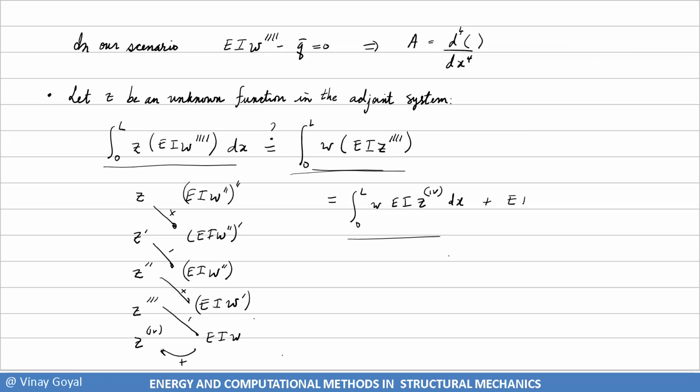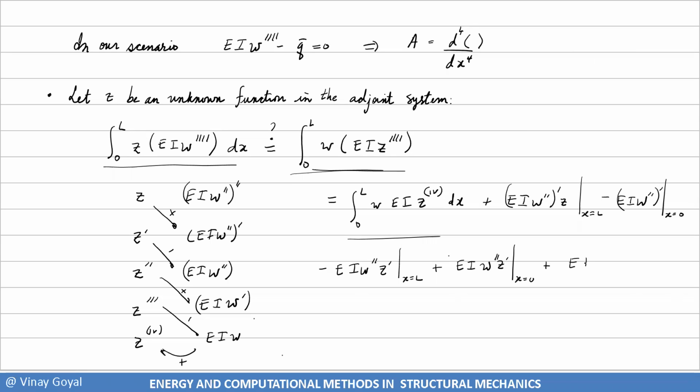Plus EI W prime prime times Z, and this at x equals L. And then next I'm going to have minus EI W prime Z prime at x equals L. And then I have plus, the minus here so I don't lose it.